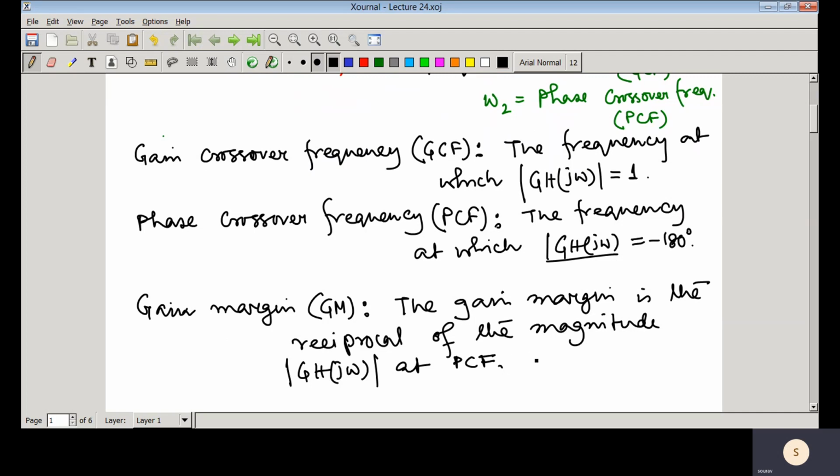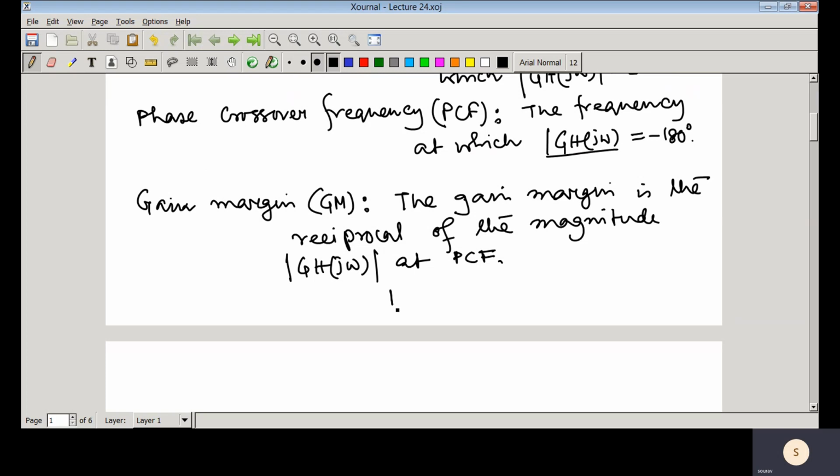So this is written as Kg. So Kg is the reciprocal of this one, and this one would be at phase crossover frequency here. That means that gain calculated at phase crossover frequency, if we take the reciprocal of that, it gives you the gain margin.